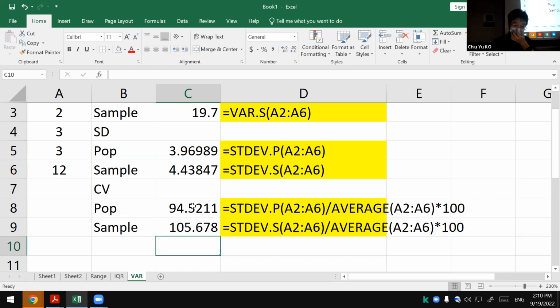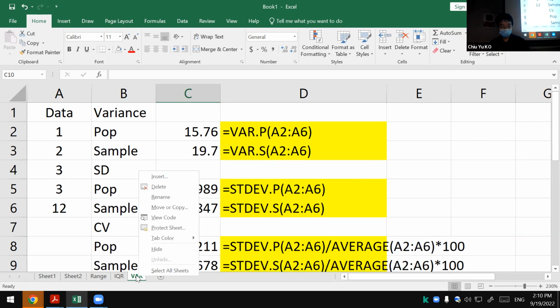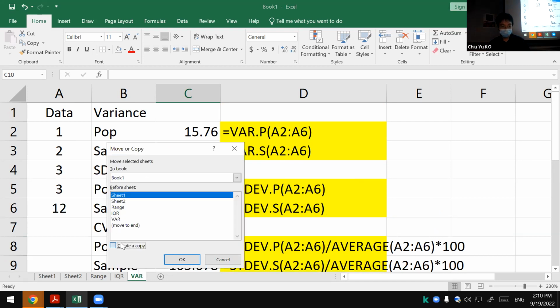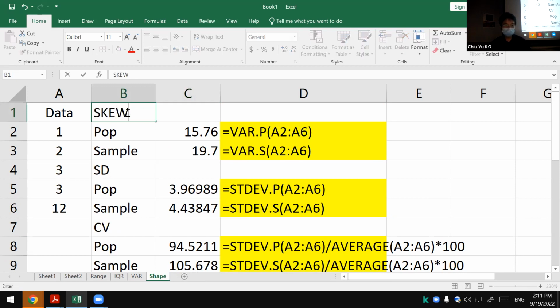Okay. If that's okay, then let's talk about shapes. We talk about kurtosis, skewness. Okay, so quickly, I go to the shape. Let me copy this. Shapes. Okay, so I would have skewness and kurtosis.